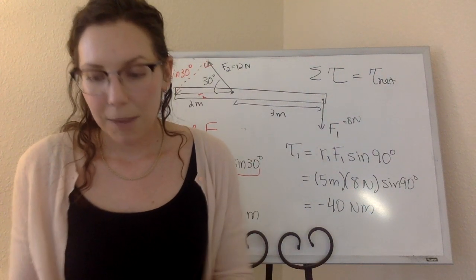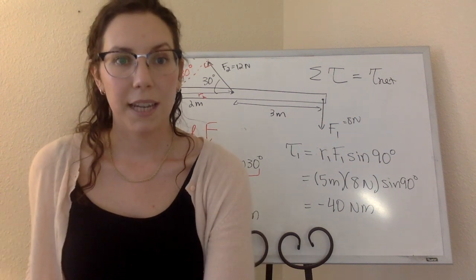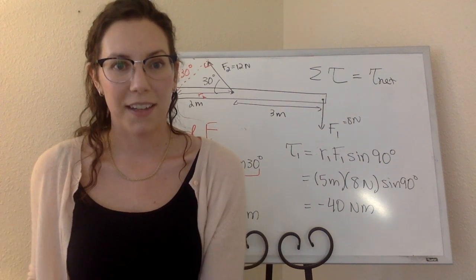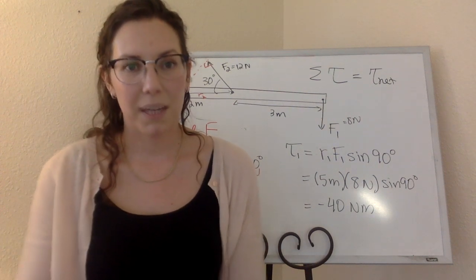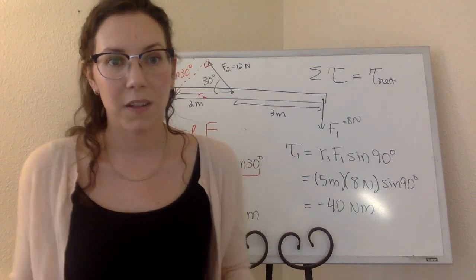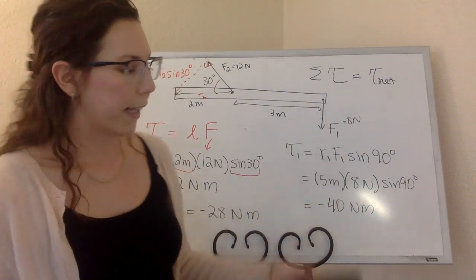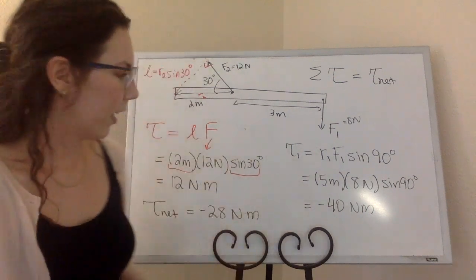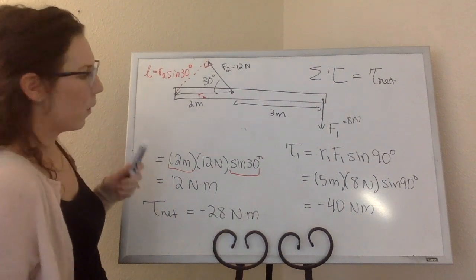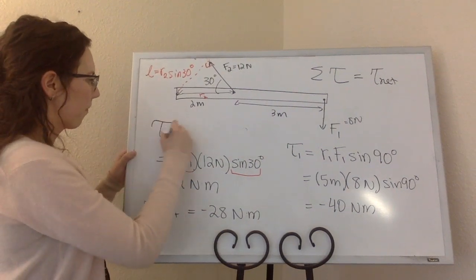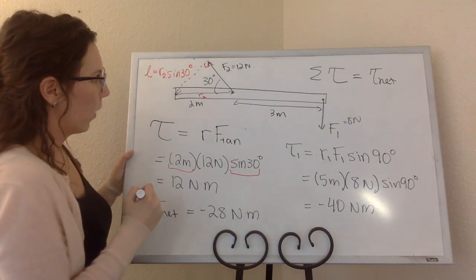All right, the last method that we want to do is to use the tangential component of the force method. So again, for torque 1, this really doesn't change anything because that's already a tangential force to the rotation. It's perpendicular already. So it would still look like that. But if we look at this force here, essentially now what we're doing instead is that we're going to use torque equals R F, and it's the tangential component of the force.